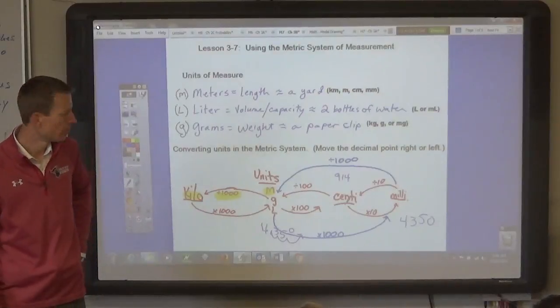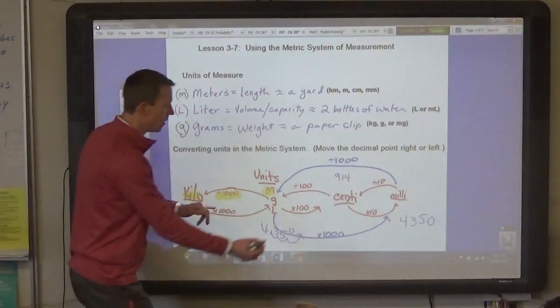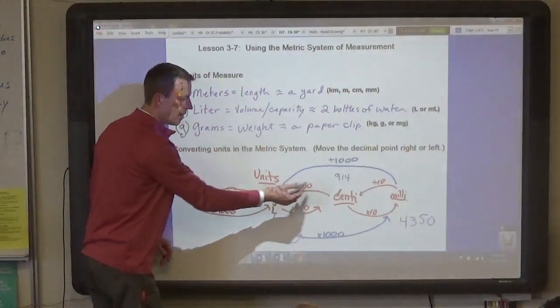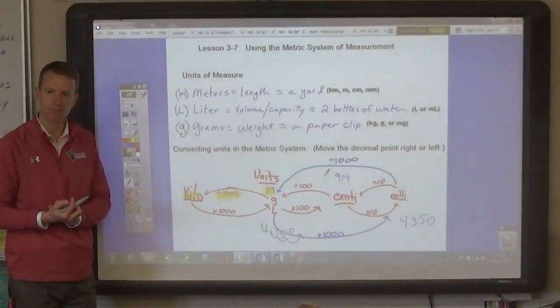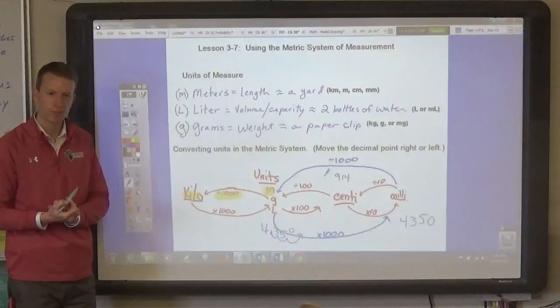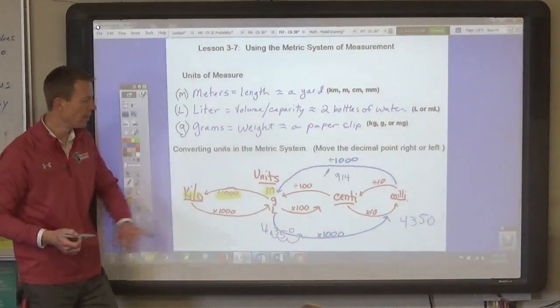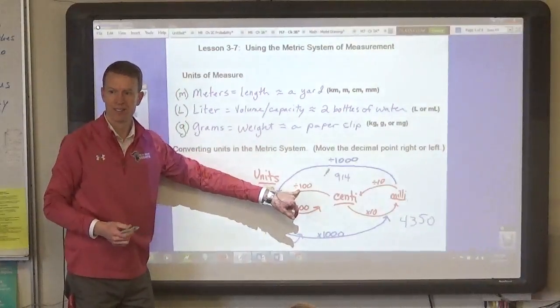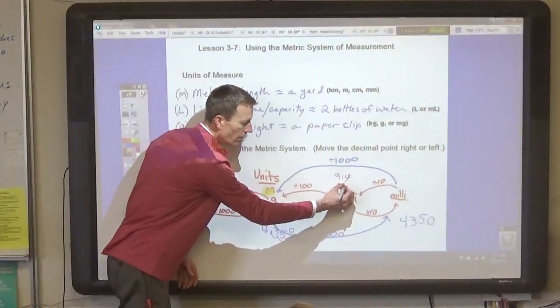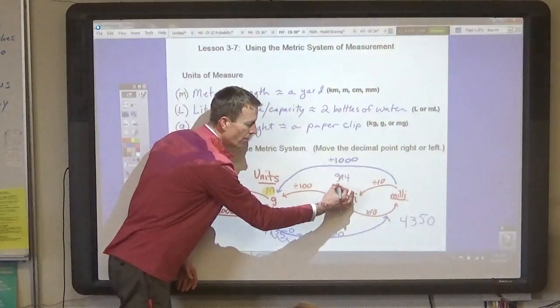Maya, what would we do to convert centimeters to meters? What does it say to do? Divide it by 100. So we have to divide this number by 100.